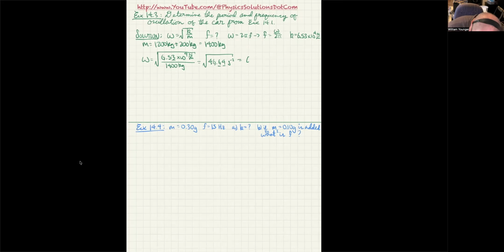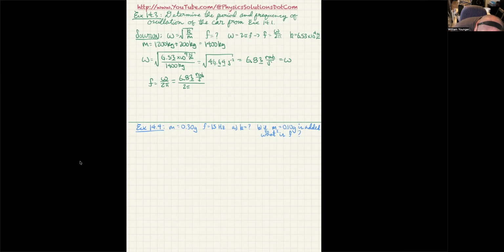And that gives me 6.83 radians per second as the angular frequency. So that's omega, but we need f, and f is equal to omega over 2 pi. So that's going to be 6.83 radians per second divided by 2 pi.